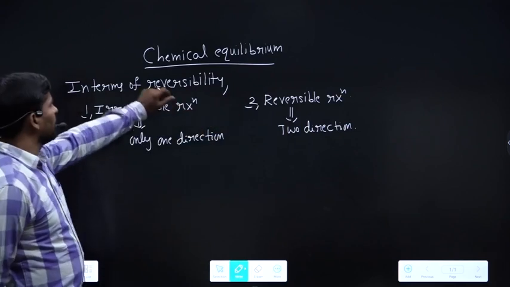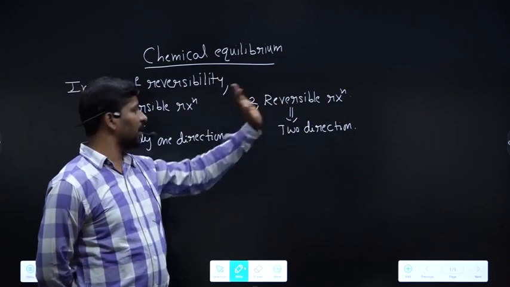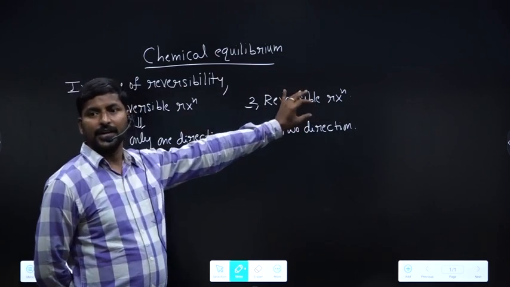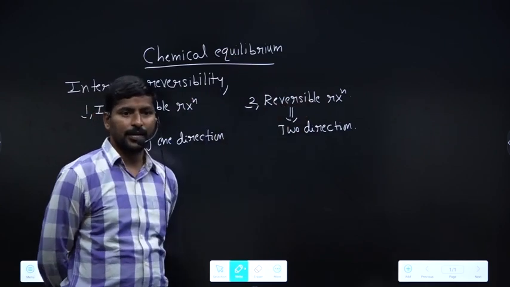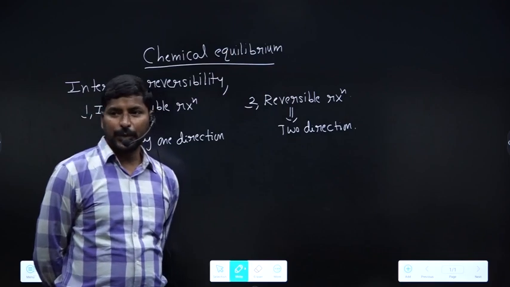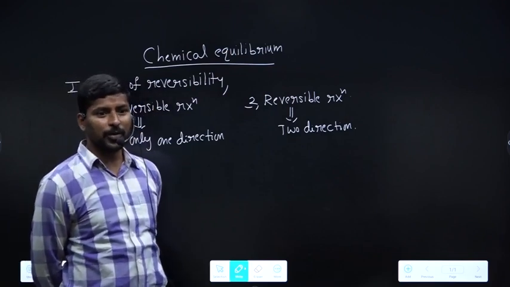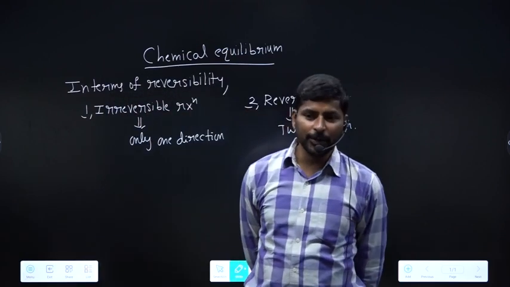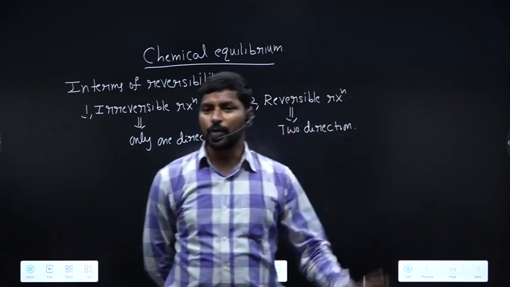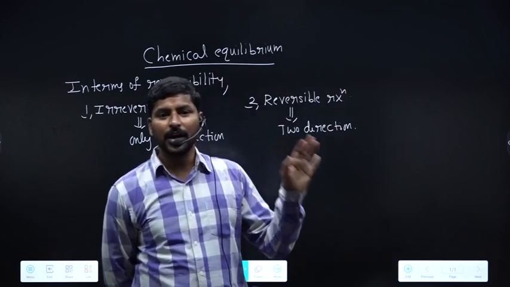So chemical equilibrium we get in the case of reversible reactions. We have ionic equilibrium also. What is the difference? In the case of chemical equilibrium, reactants and products involved are generally molecules.